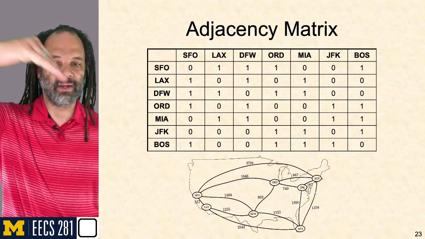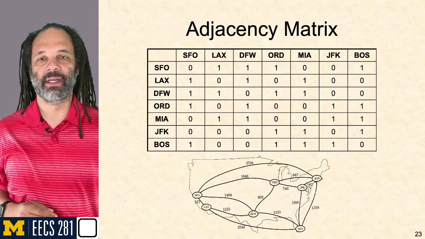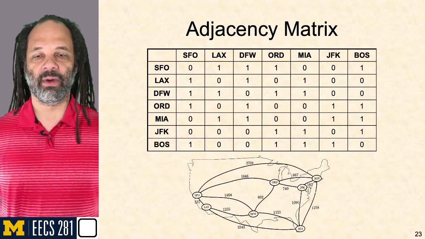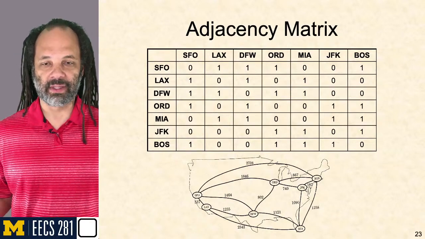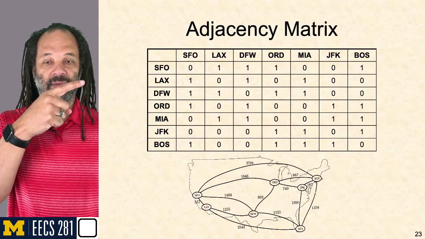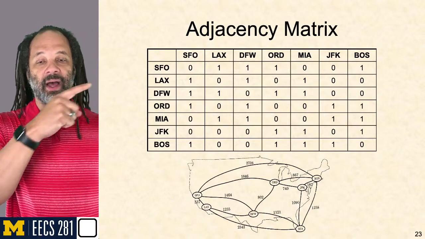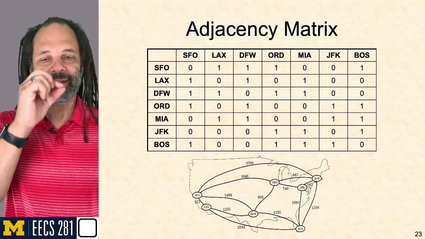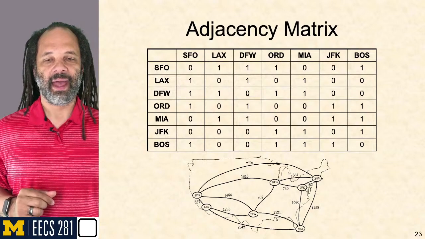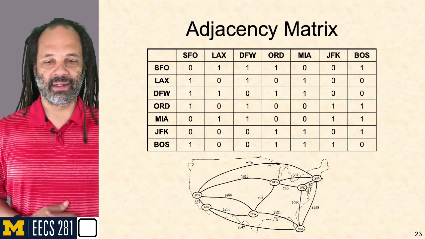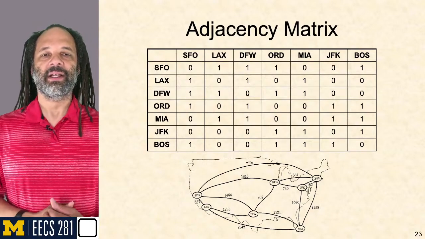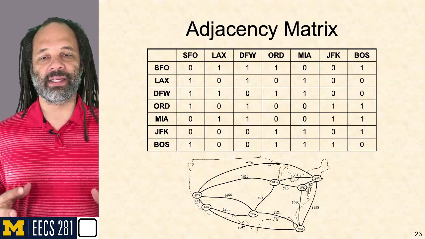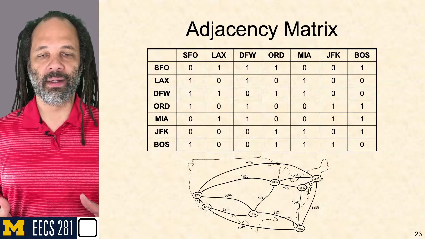You can see that diagonal that goes from top left to lower right, that's going to be a bunch of zeros because we don't want to talk about San Francisco being connected to San Francisco. San Francisco is connected to Los Angeles though, and that's what I see in that top row, second number from the left. LAX is connected. So here I've represented just the fact that these things are adjacent by putting a 1 in there, right?